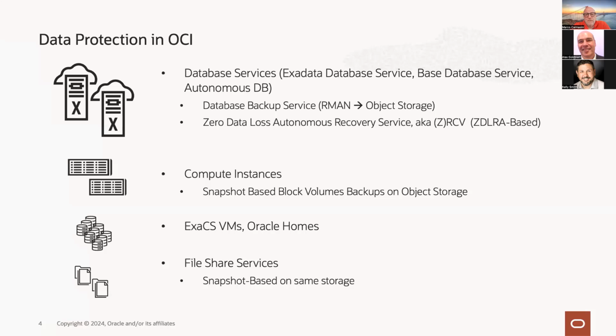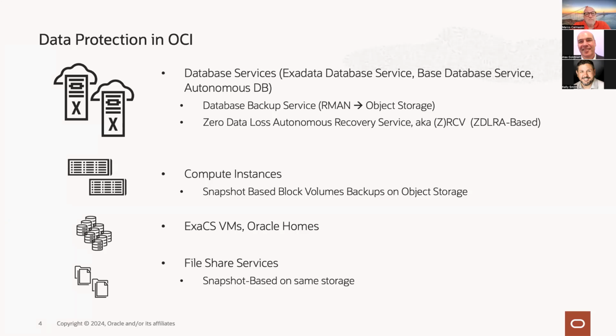You also have the old way of using object storage and the database backup service. But the recovery service is the recommended way to protect Oracle databases in OCI. Normally, when customers move workloads to OCI, they don't have only database servers. There are application servers, usually running on compute instances.